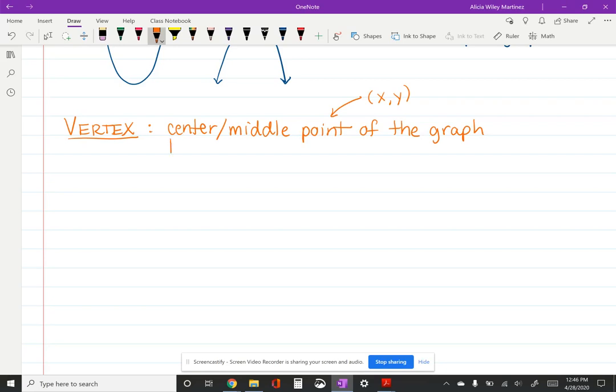So we can think of the vertex as either the highest or the lowest point of the graph. Often instead of highest or lowest, they like to use the term maximum and minimum.